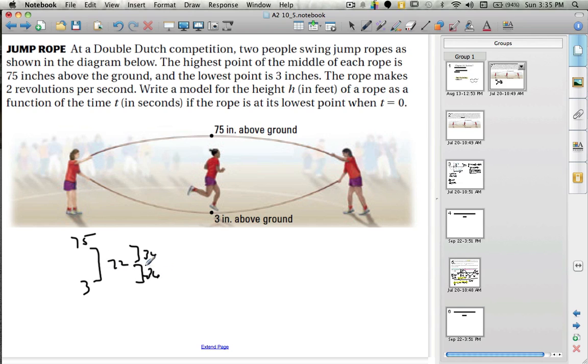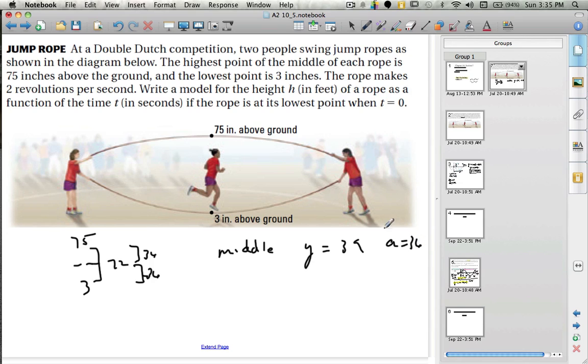And then the middle point would be 36 above 3, 3 plus 36, so my middle will be y is equal to 39. I know that a is equal to 36.